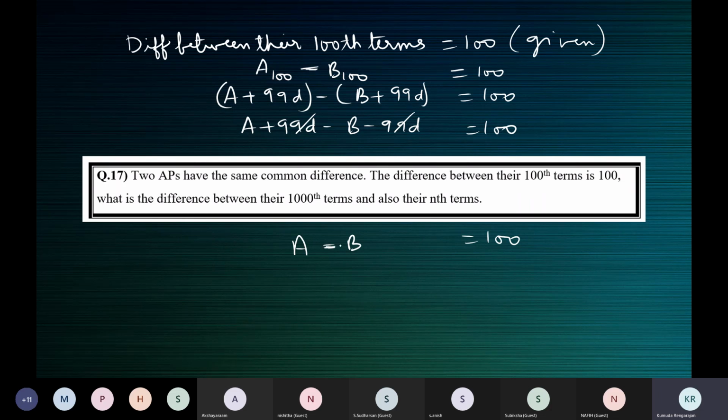So the difference between their first terms is 100. This is the new information we get from working what is given. If the difference between their 100th terms is 100, the difference between their first terms will be 100.